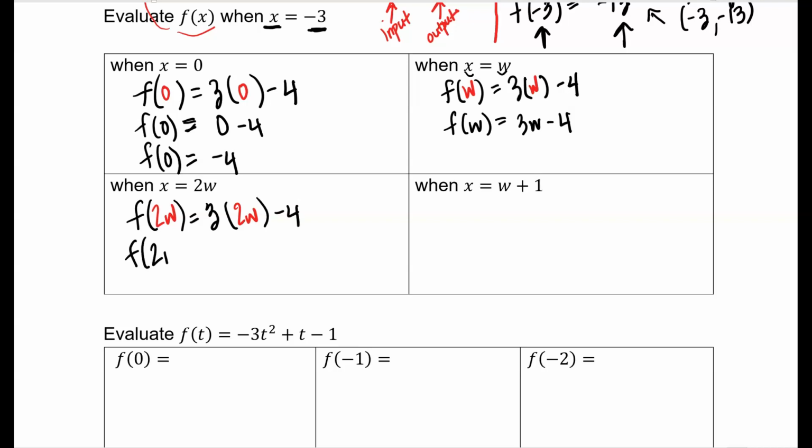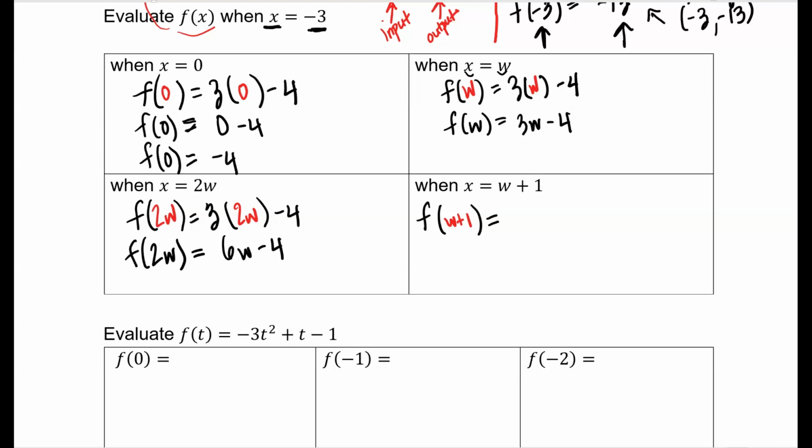So f of 2w equals what? 6w minus 4. Again, these are not like terms, so we cannot do anything to that 6w minus 4. That is the answer. Next, f of what? What should we put inside of this parenthesis? w plus 1 is correct.